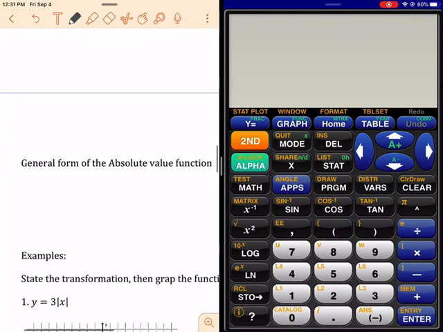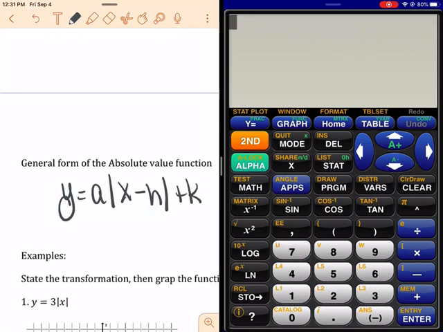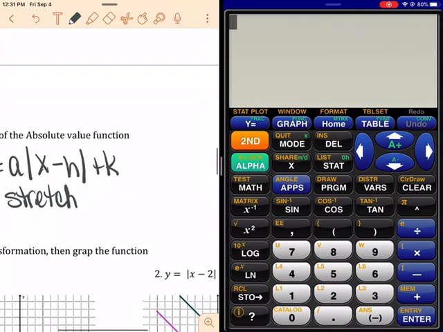Okay. So we do have some generalizations we want to make. So we have y is equal to, we're going to call it a, absolute value of x minus h, plus k. A is your stretch or compression.